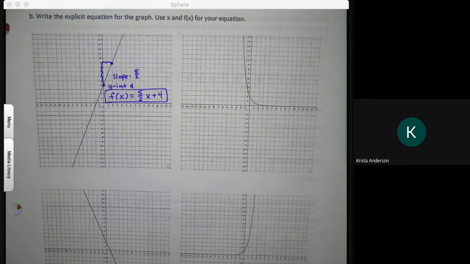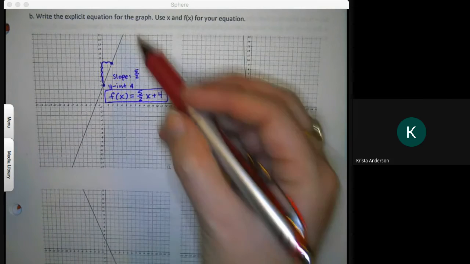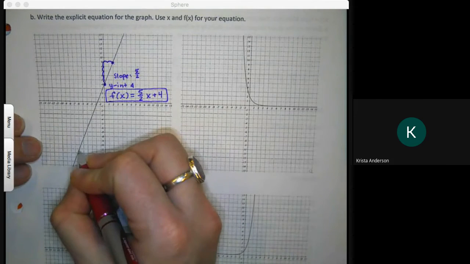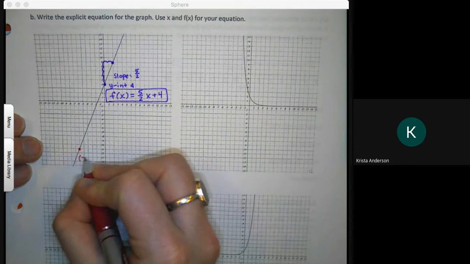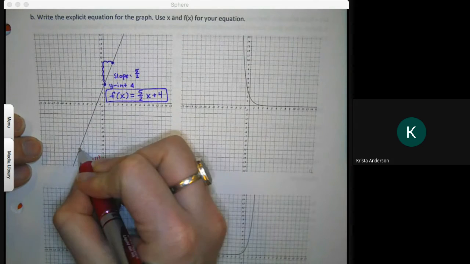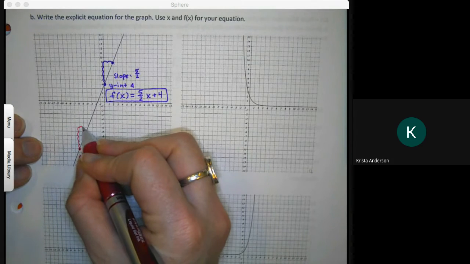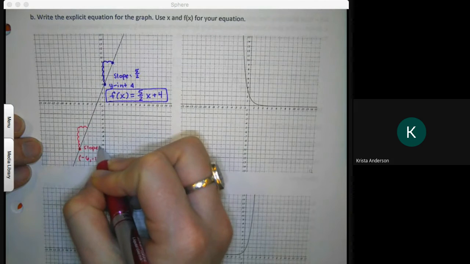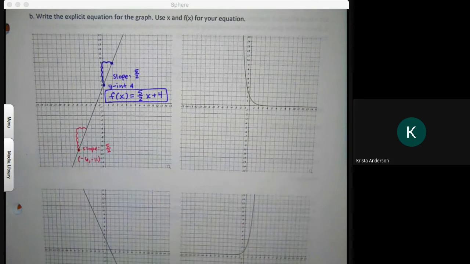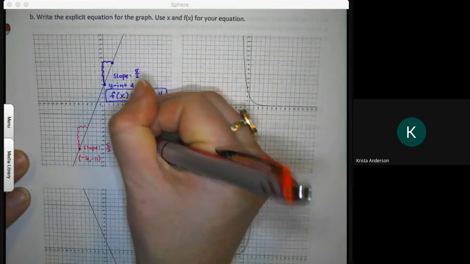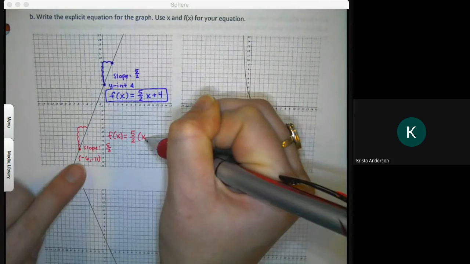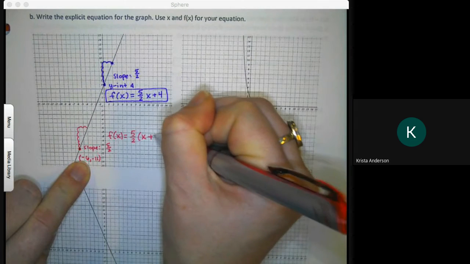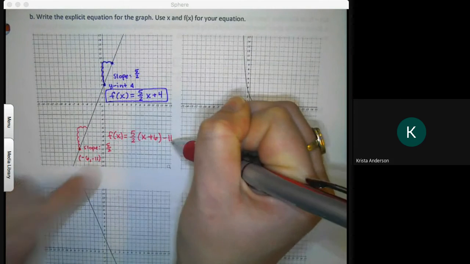That is one option. If you picked a different point, so let's say I picked this point at -6 down 11, and I found the slope, up 5 over 2, I can write my equation in point slope form, which would be opposite of -6 is +6 with a -11 at the end.